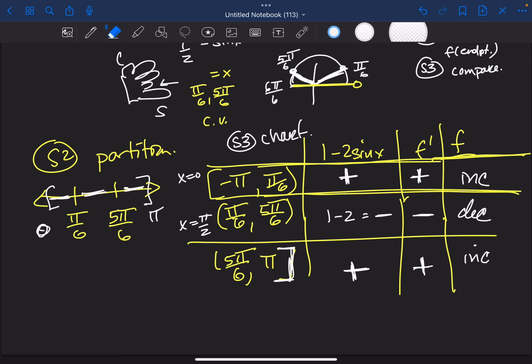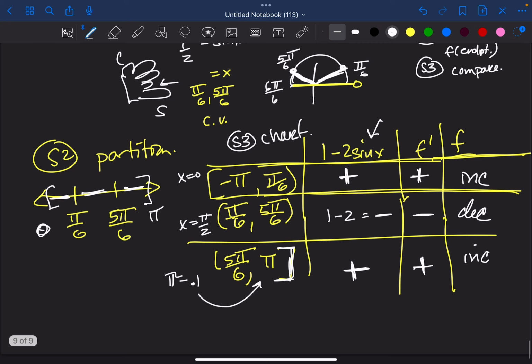So let's stay away from pi just to be careful, and let's think about maybe something very close to pi. So pi minus something really small, pi minus 0.1. If you plug that in here, sine is going to be really close to 0, so that's why that's going to be positive. Hopefully that makes sense. Okay, because I think plugging in pi might be a little weird.